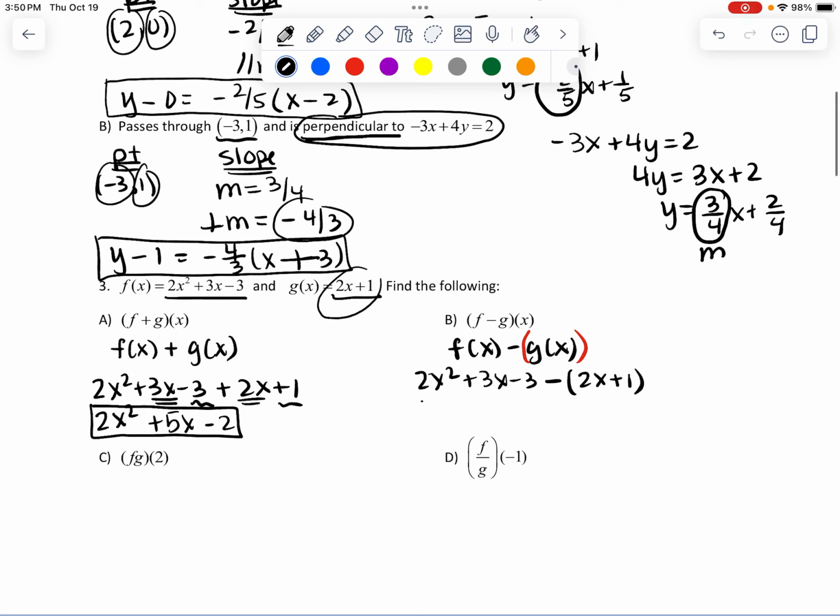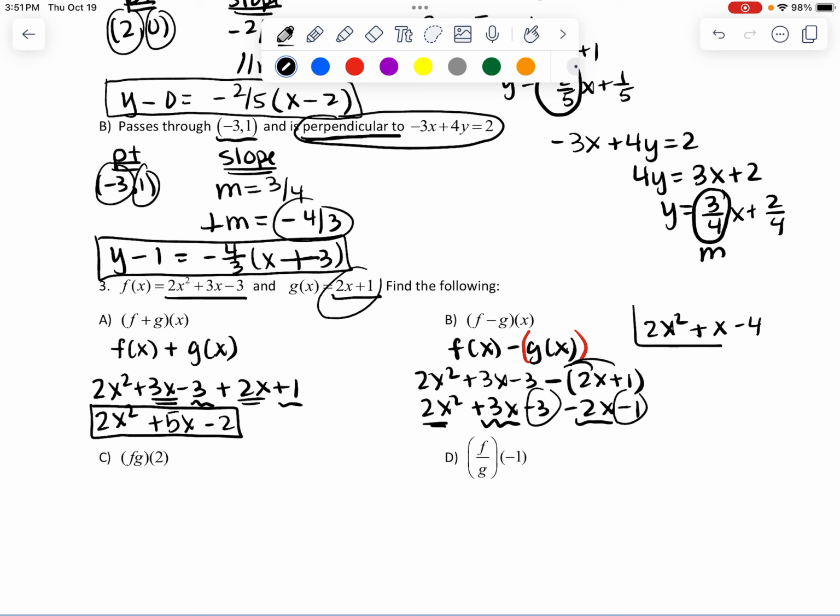I'm going to go ahead and distribute the negative sign, giving me 2x squared plus 3x minus 3, distribute, negative 2x minus 1. And again, I only have one 2x squared, so I'm going to go ahead and leave that 2x squared. And then 3x minus 2x is 1x. And then negative 3 minus 1 gives me negative 4. So that is the difference of the two functions.